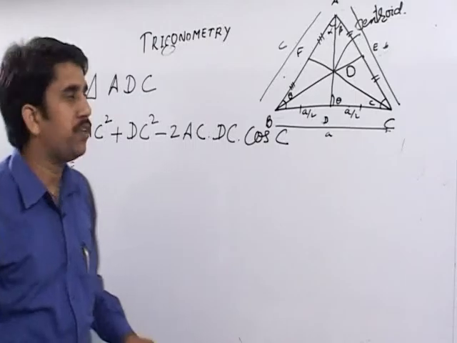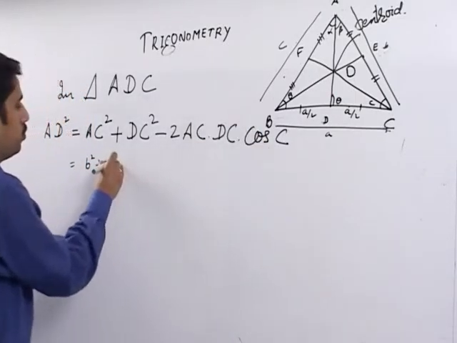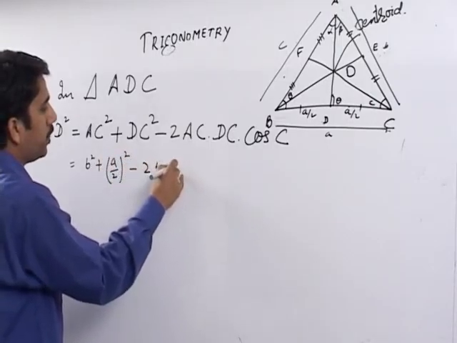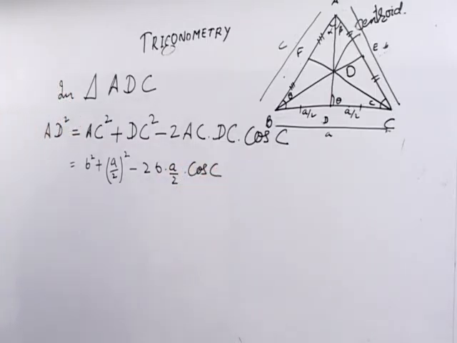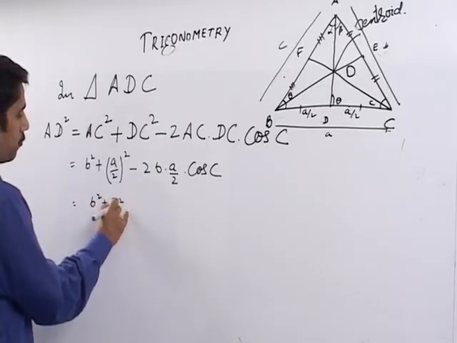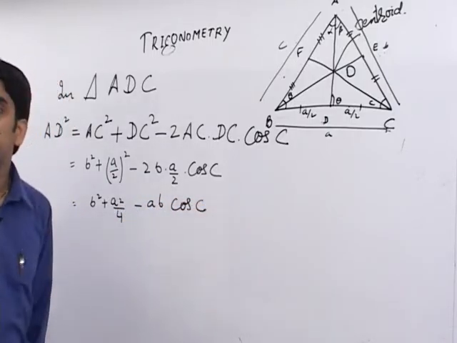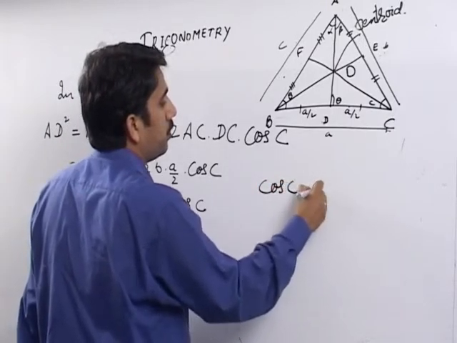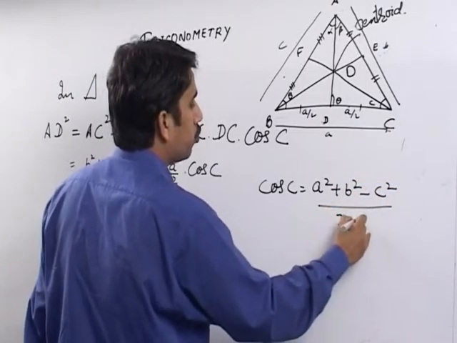This will become B square plus A by 2 the whole square minus 2B into A by 2 into cos of angle C. Now B square plus A square by 4 minus AB into cos of C. Now by cosine formula you know that cos C is equal to A square plus B square minus C square over 2AB.